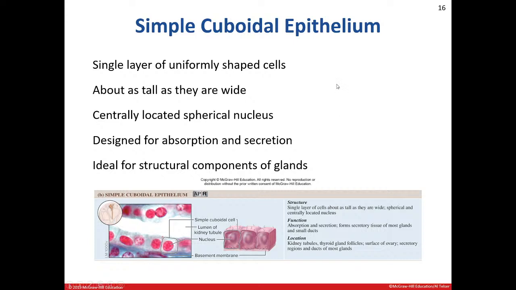Then we have the simple cuboidal epithelium. This is a single layer of cube-shaped cells. And so you'll find these lining things like kidney tubules. They're good for ducts. They make the ductal part of glands.